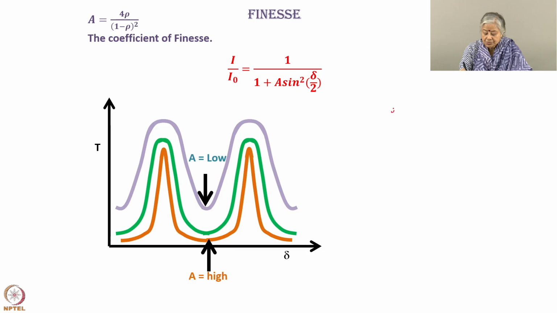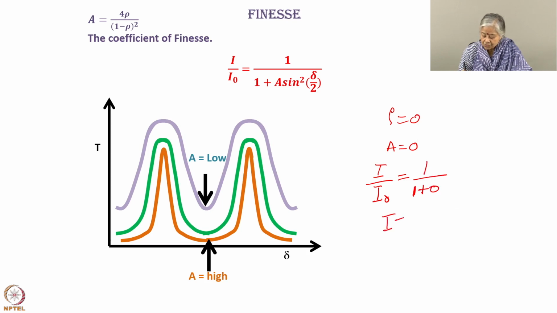Let us see, suppose this rho is equal to 0. Okay. Then what happens? Rho is 0 means A is equal to 0. A equal to 0 means in this equation I by I0 becomes equal to 1 upon 1 plus 0.